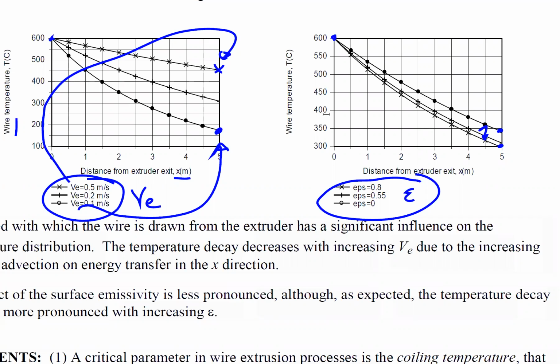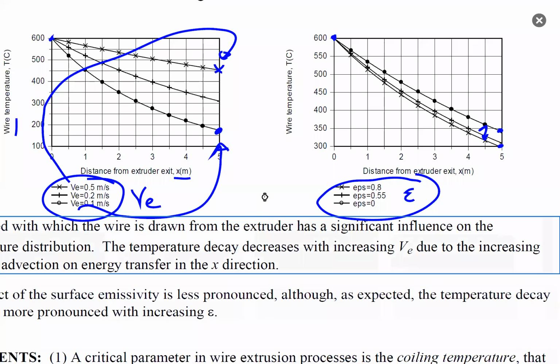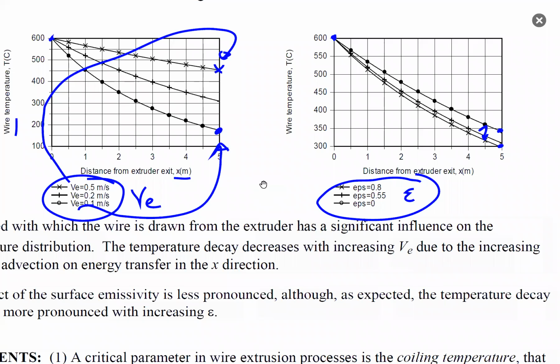So if we're looking at this problem and you did this analysis, and it has to be below a certain temperature, let's say below 200 degrees Celsius, for you to start wrapping the wire in a spool, and this is at your job at a company that does extruding, would you recommend running the extruder velocity at 0.1 meters per second, or would you do something else?